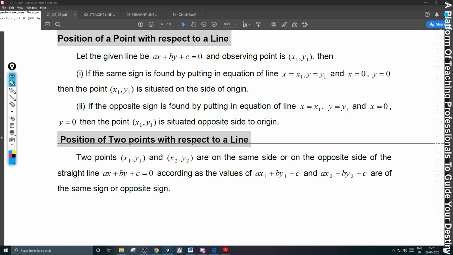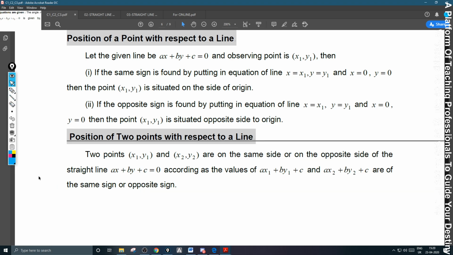Let us read it here itself so that you will understand. Position of a point with respect to a line, position of 2 points with respect to a line.